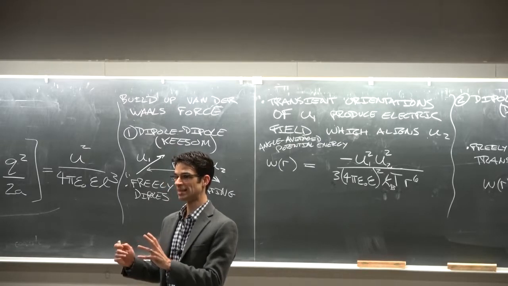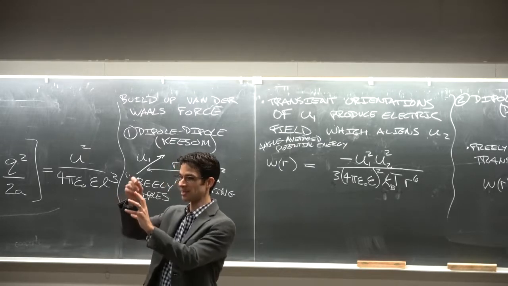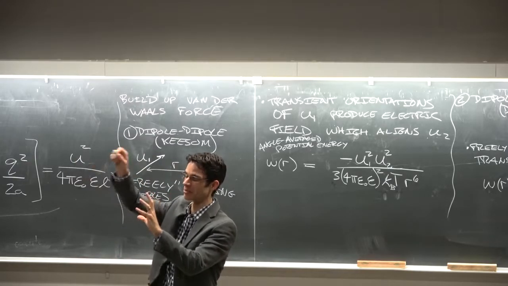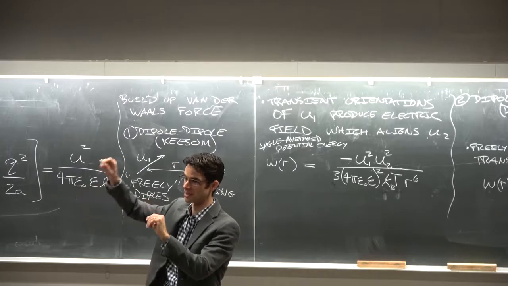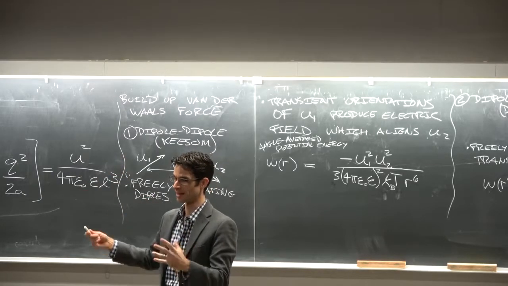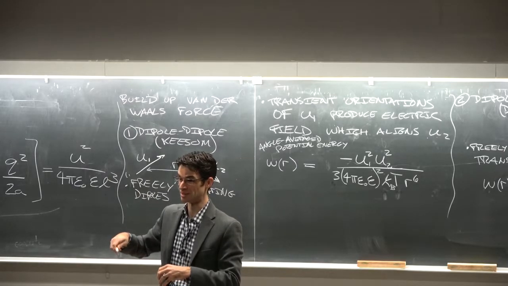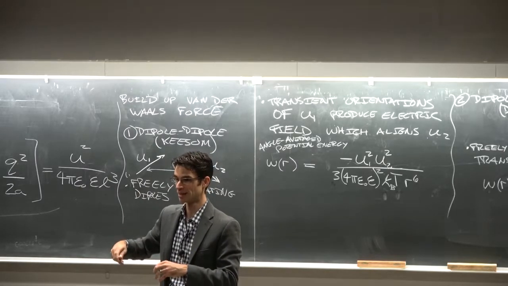In the Bohr model, it's literally the frequency of rotation of the electron about the nucleus. The real system is more complicated.